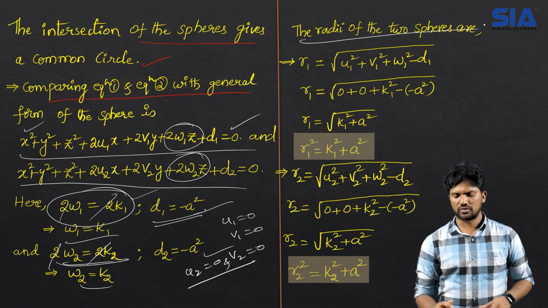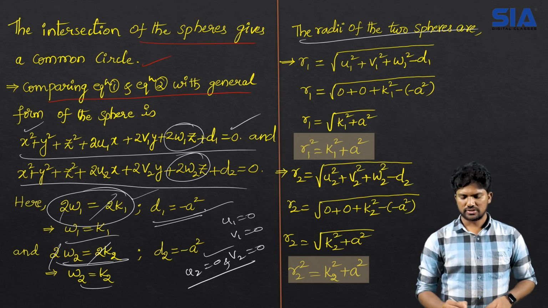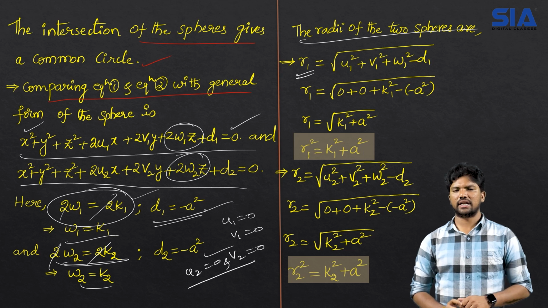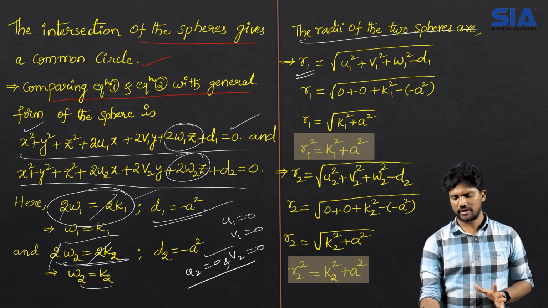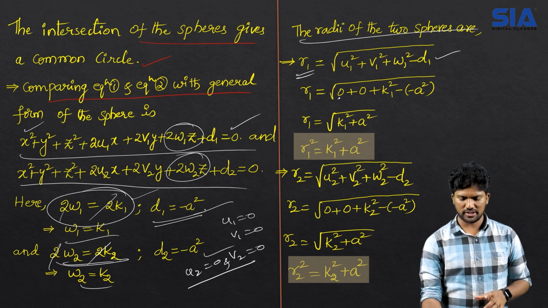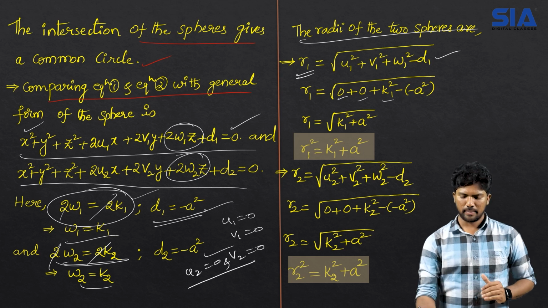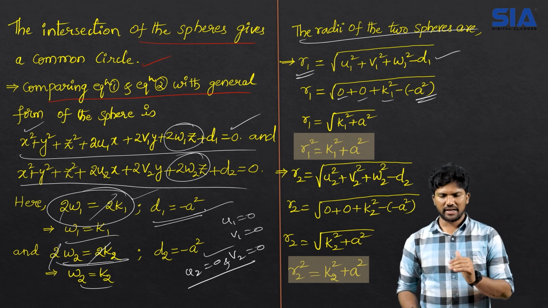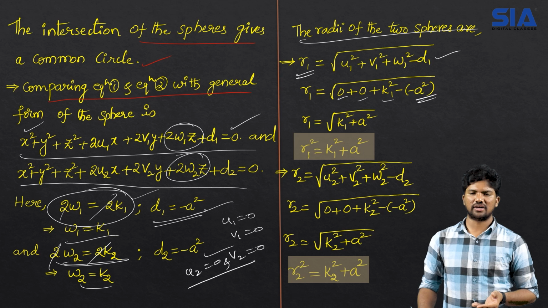Now the radii of the two spheres. The first radius r1 we take as the square root of u1 square plus v1 square plus w1 square minus d1. Substituting, u1 square is 0, v1 square is 0, w1 square is k1 square, minus of d1, that is minus of minus a square.